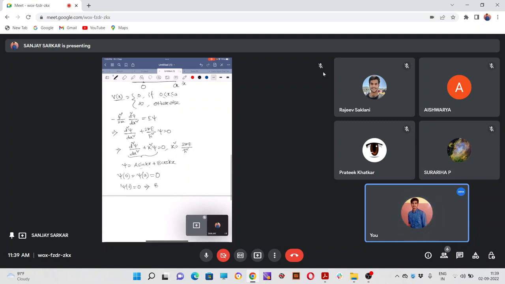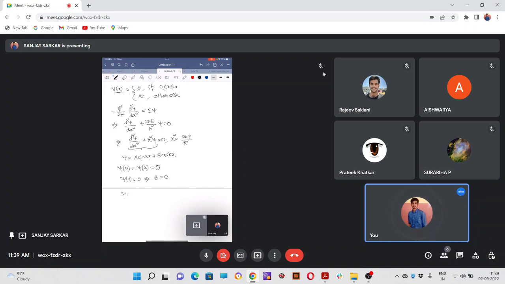So our wave function is a sin kx, and the second boundary condition implies that psi(a) is 0, which implies that a sin ka equal to 0. Now a can't be 0, because if a is 0, this wave function is always 0. This is trivial, so this can't be true. So ka should be equal to n pi, which implies that k equal to n pi by a.